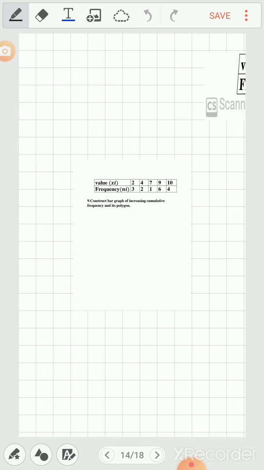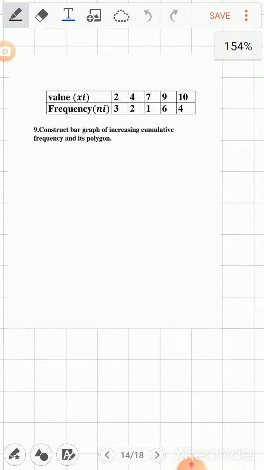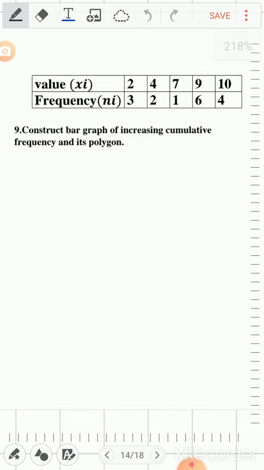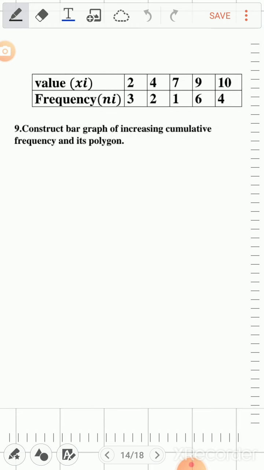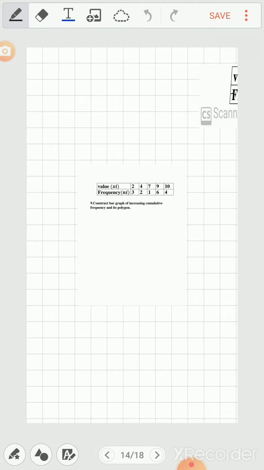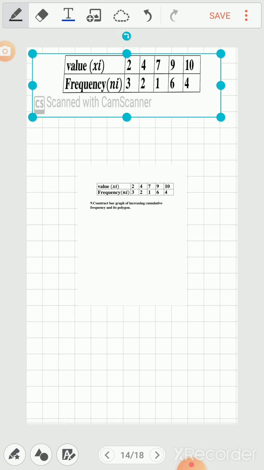Now part 9, the same table. Construct bar graph of increasing cumulative frequency and its polygon. First of all, we have to find the increasing cumulative frequency, and we have to construct the bar graph, then the polygon.